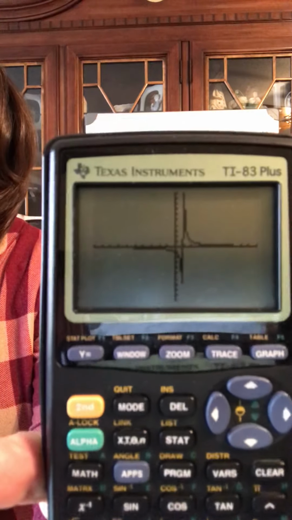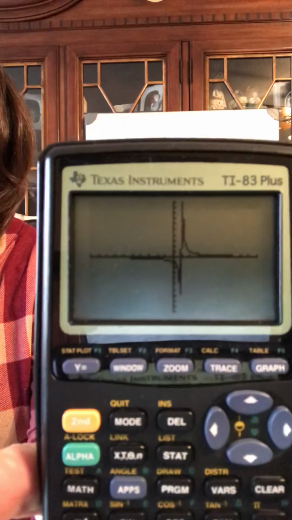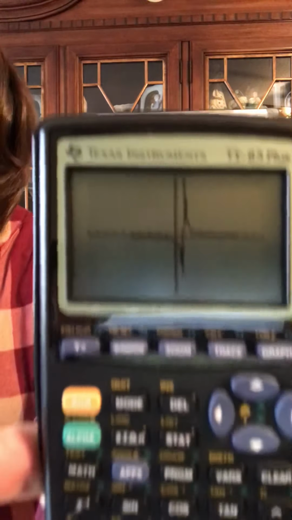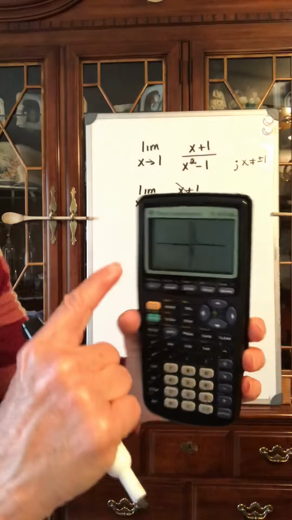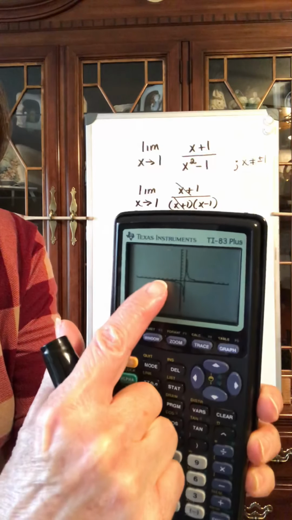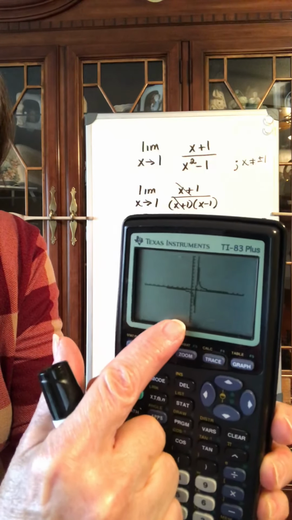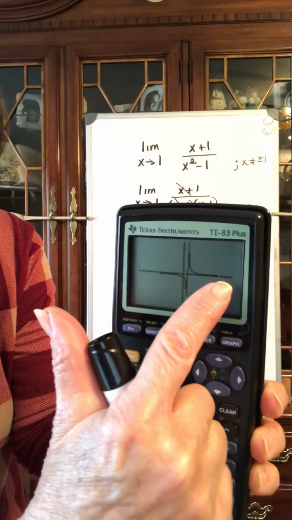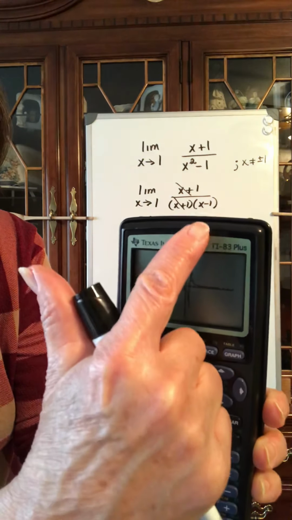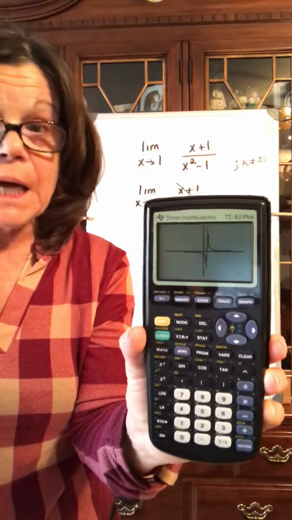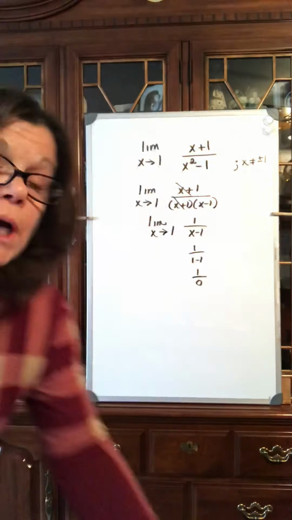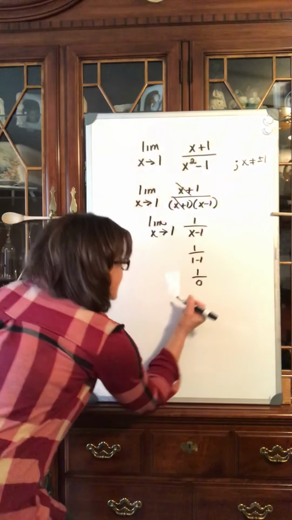The function is definitely undefined at 1, but look at what happens as x is approaching 1 from the left. Your function is going to a y value of negative infinity. As x is approaching 1 from the right, your y value is going to positive infinity. It's not approaching the same y value, so the limit does not exist.